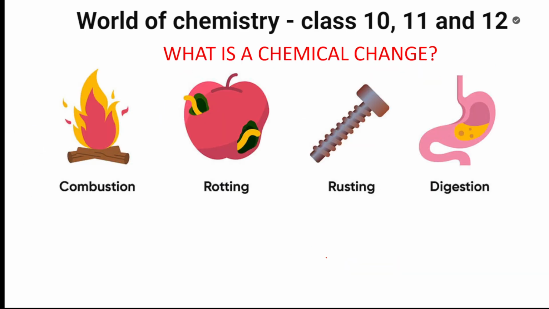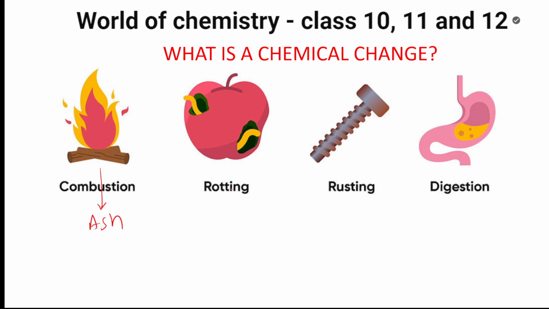It's a process in which a substance or substances undergo chemical change. When they undergo this chemical change, what is going to happen? Just see, there is a lot of chemical change: combustion, where burning is going on, rotting of the apple, rusting, digestion. After combustion, a new substance forms, ash.